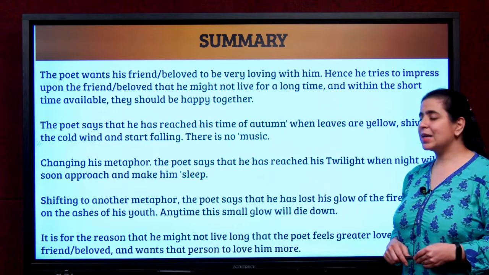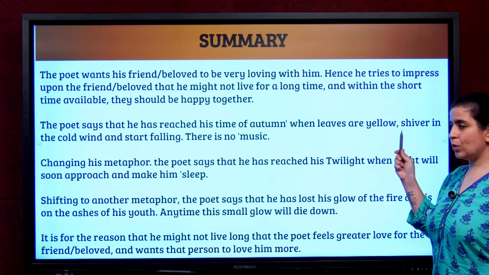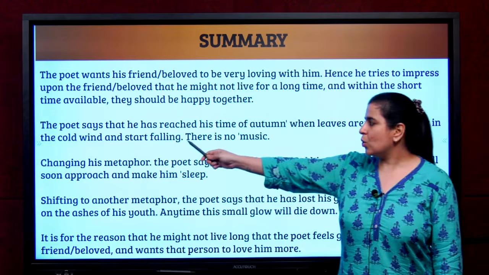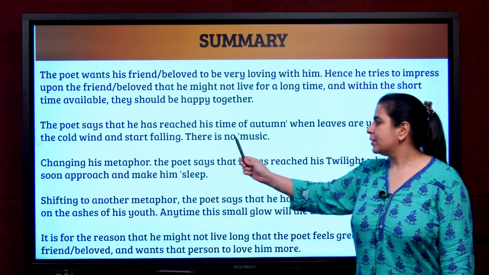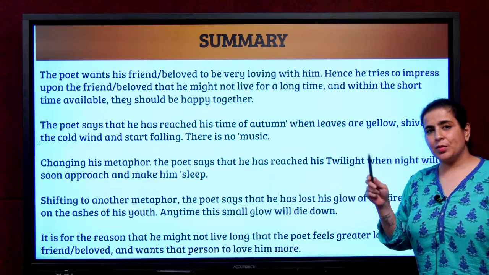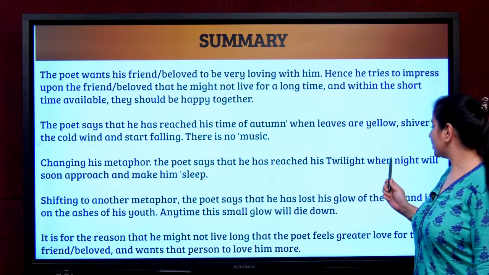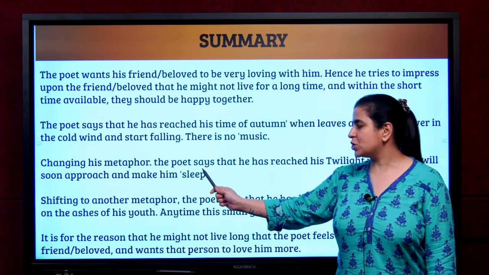The poet says that he has reached this time of autumn when leaves are yellow, shiver in the cold and start falling. There is no music. Changing his metaphor, the poet says that he has reached his twilight when night will soon approach and make him sleep.